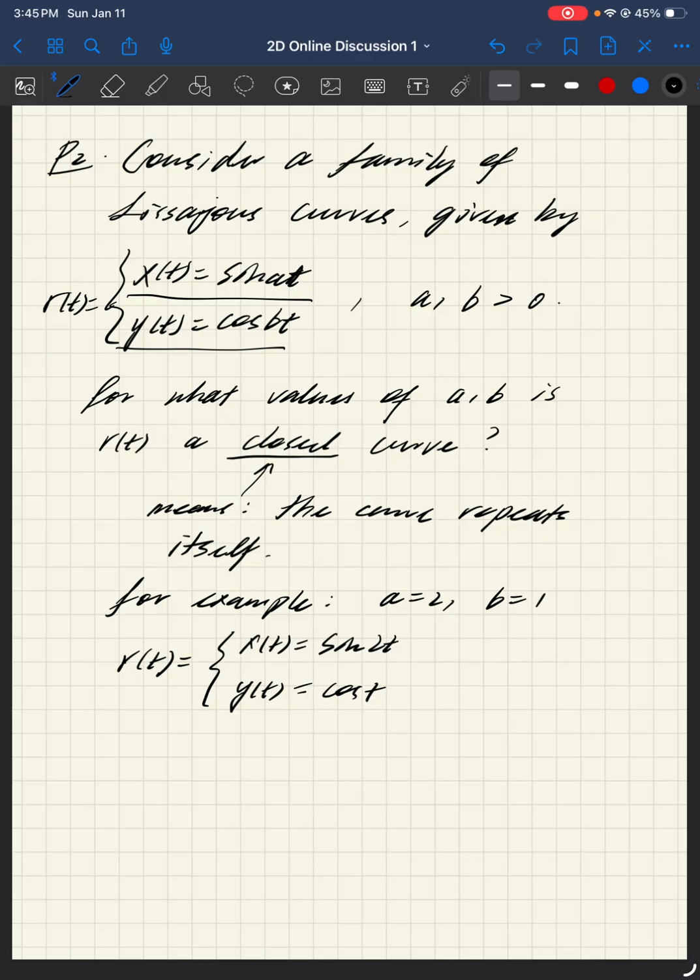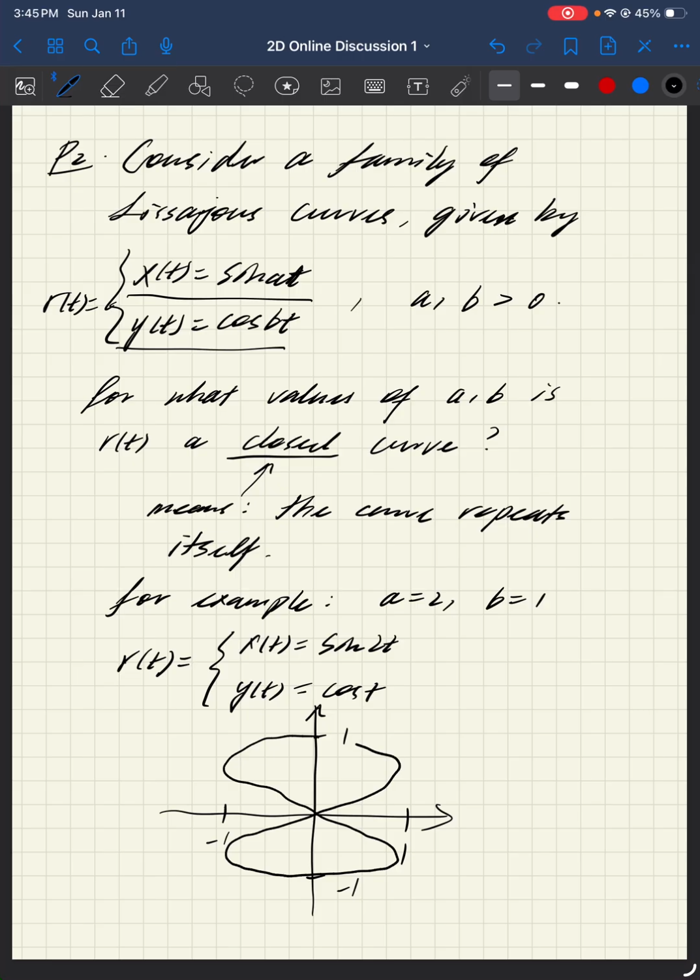And we saw that this figure, this is 1, negative 1, 1, also negative 1, looks like an hourglass. So it's closed because you see that as t goes to infinity, this figure is just going to repeat itself, right? So it's a periodic function in t.